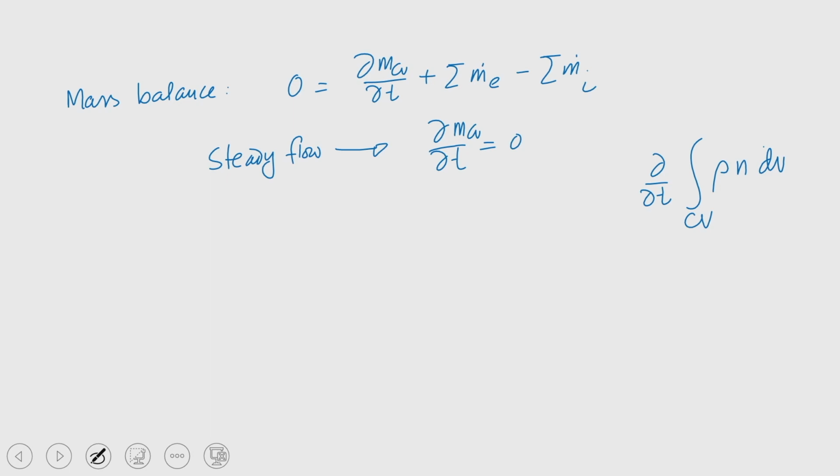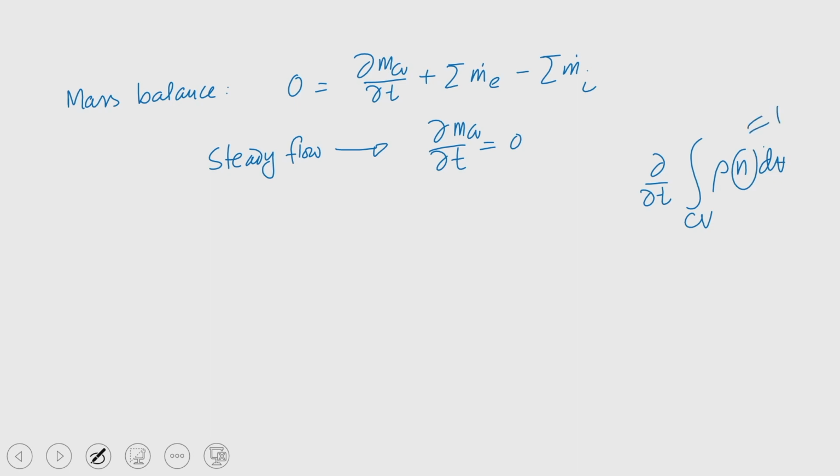If we recall this in the context of the Reynolds transport theorem, can you really write that dm_CV/dt will be equal to 0 if the flow is steady? This is very important: the small n equals 1.